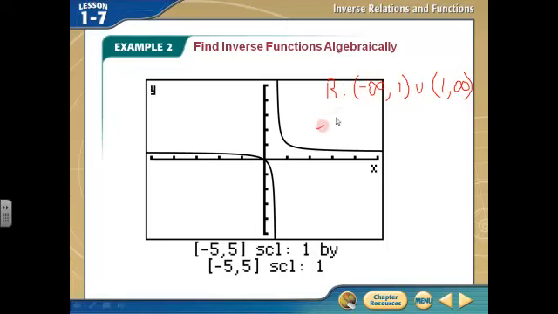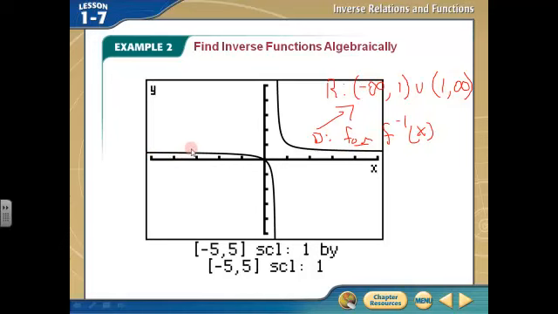This right here is now the domain for f inverse of x. And likewise, the domain of this original function becomes the range for our inverse.